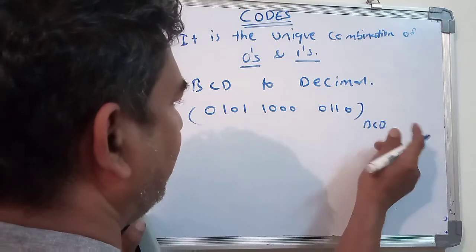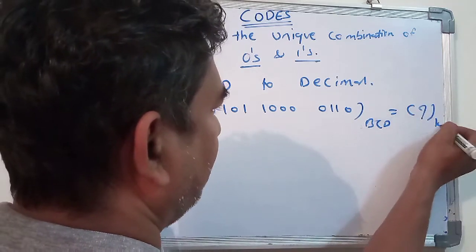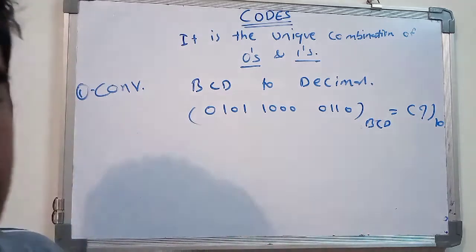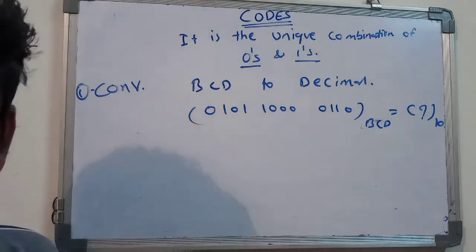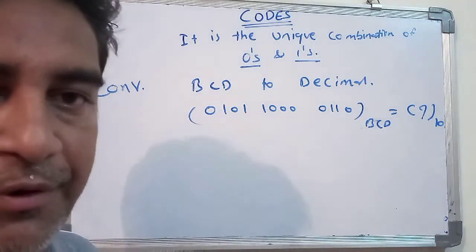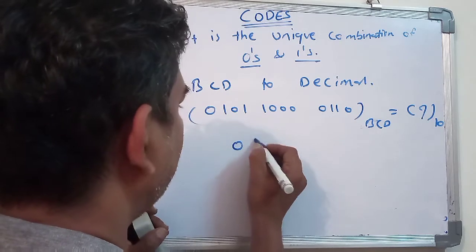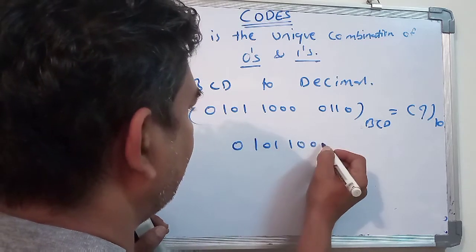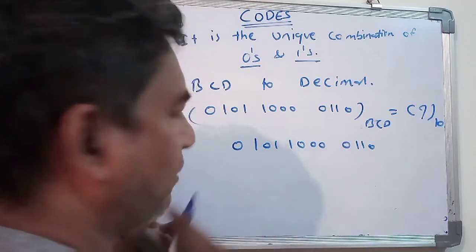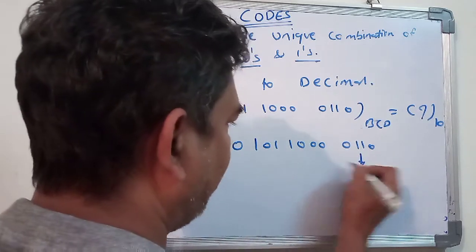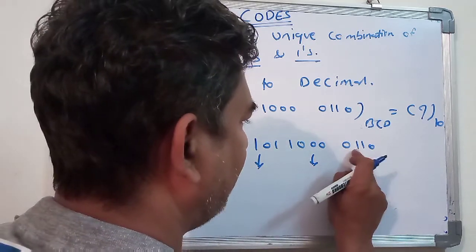It is a BCD number, and you have to find out the decimal format. So what you have to do is again separate it into 4-bit numbers. Write down 0 1 1 0, 1 0 0 0, 0 1 0 1. Separately, 4 bits, 4 bits, 4 bits. Now what is the value of this 4-bit number, this 4-bit number and this 4-bit number?